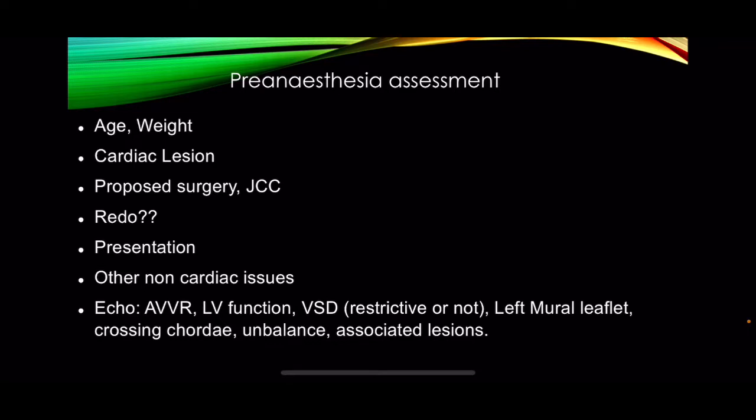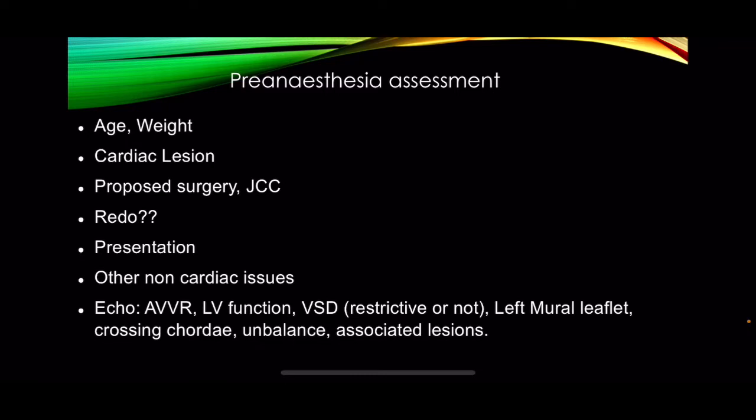And if this patient presents late, that means the possibility of high pulmonary vascular resistance is there, and I have to look if there is a cath lab done for this child and if the pulmonary vascular resistance is high. This is about the age.